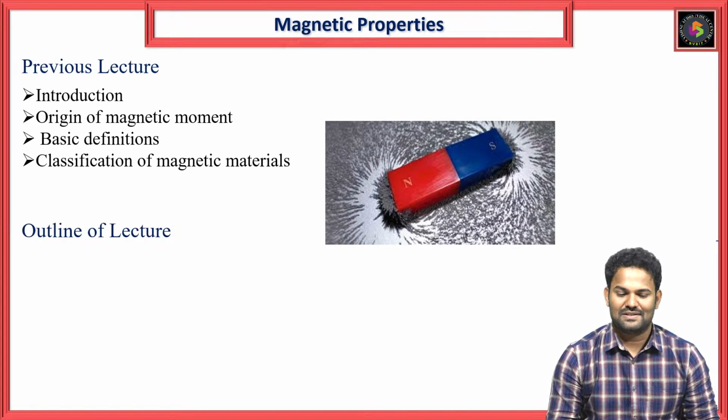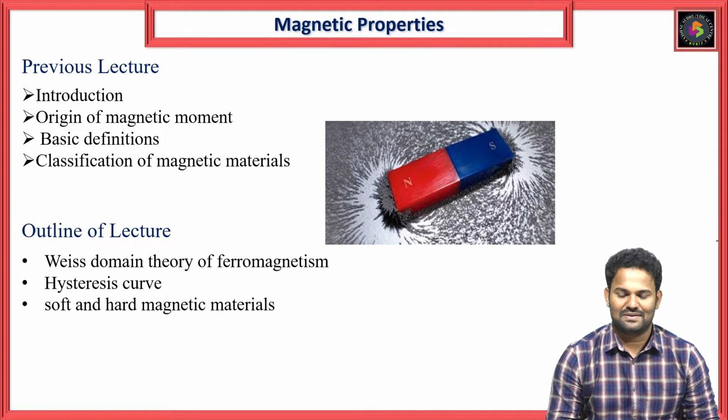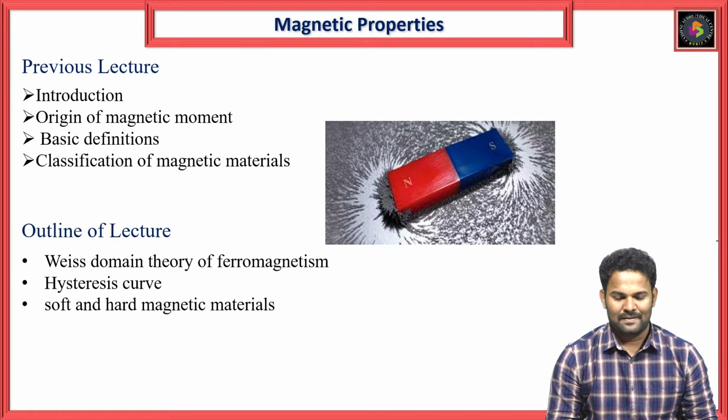Today we will discuss three topics: the Weiss domain theory of ferromagnetism, the BH curve, also called the hysteresis curve, and the third one is soft and hard magnetic materials.